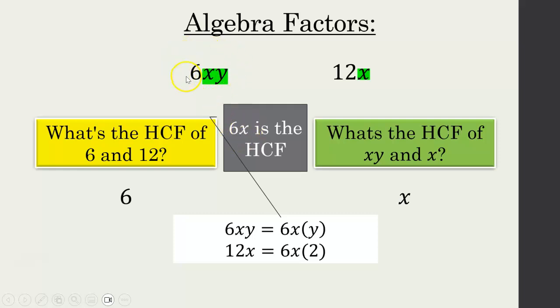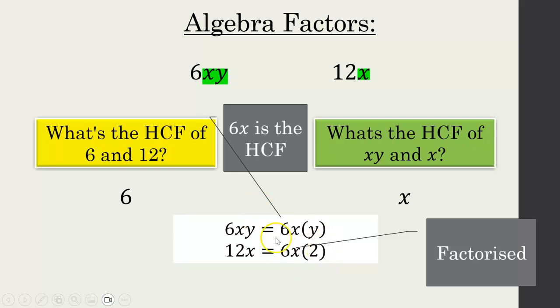That divides into this, that divides into this. So how did I do it? First off, I looked at the coefficients, then I looked at the variables, and then I said, okay, 6 is the greatest coefficient, and the greatest variable I could divide into is x. So I said 6x is the highest common factor.